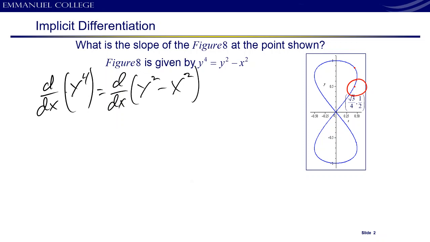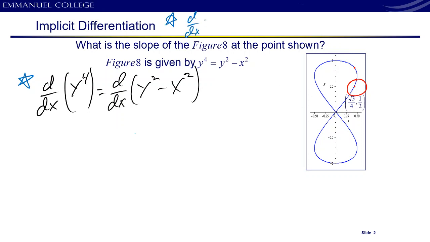Now remember, when you take the derivative and the variables don't match, we're doing a chain rule. So I'll do this for the first one, and then it's just going to be understood what we're doing afterwards.